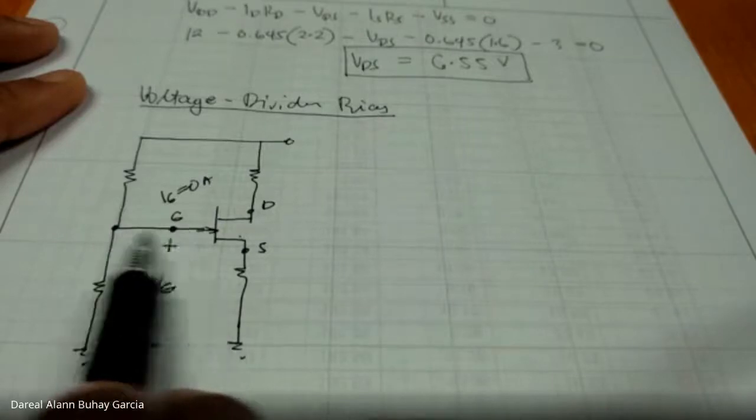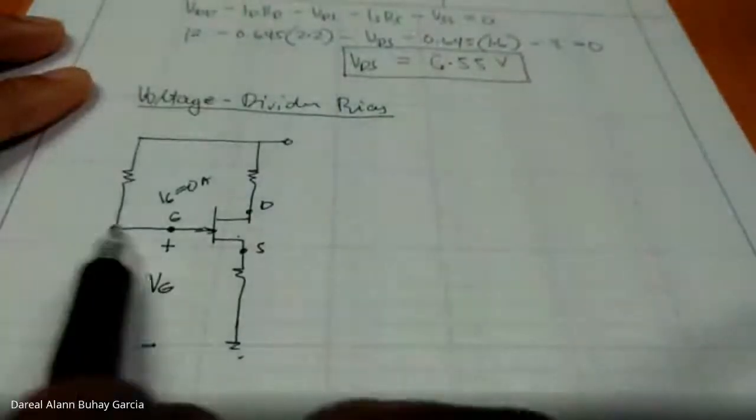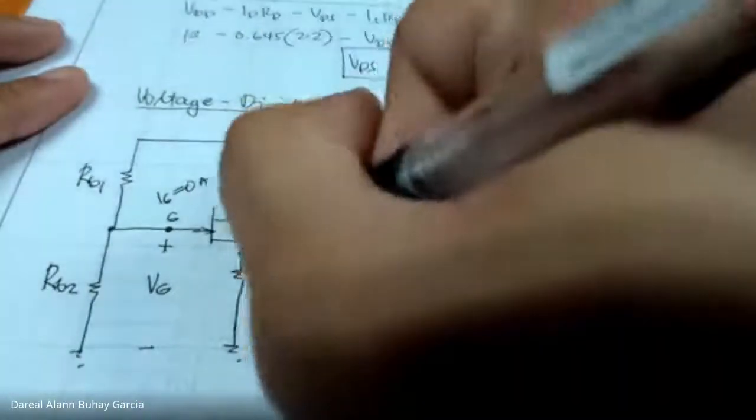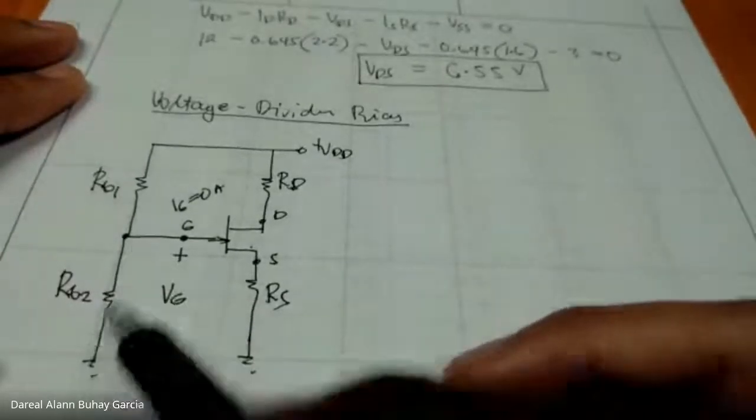So because this branch does not exist, makuha na to diretso ang VG, which is the voltage drop sa resistor 2, no? RG2. This is RG1. Ay, RD ni siya. VG is the voltage drop of RG2.